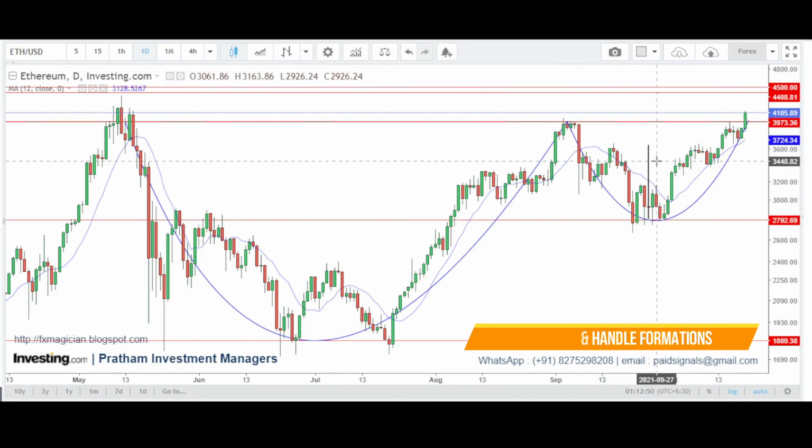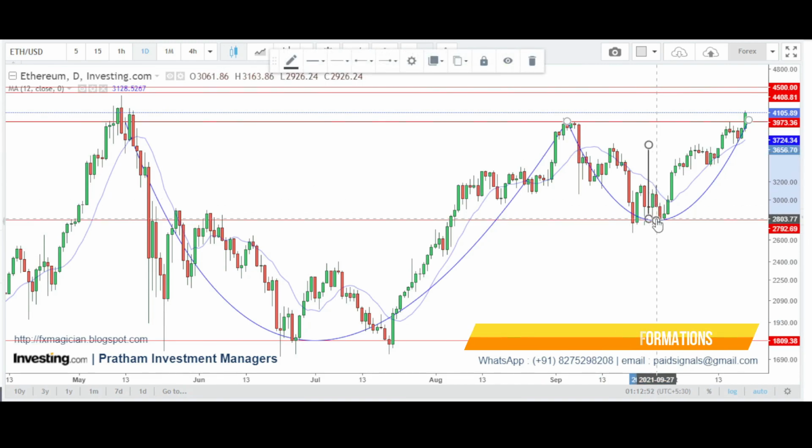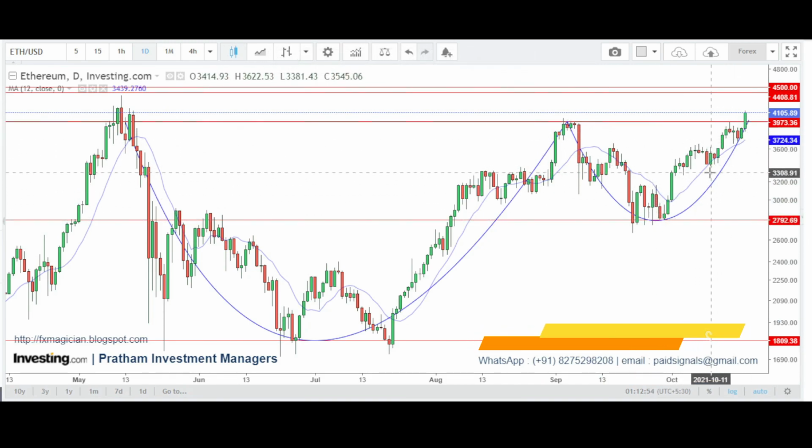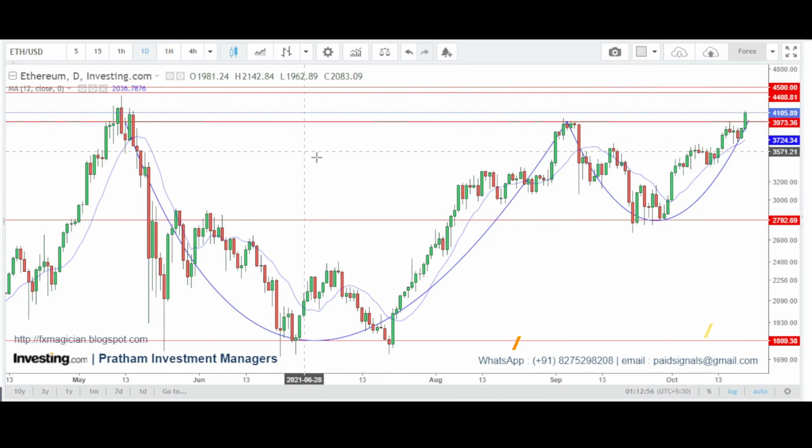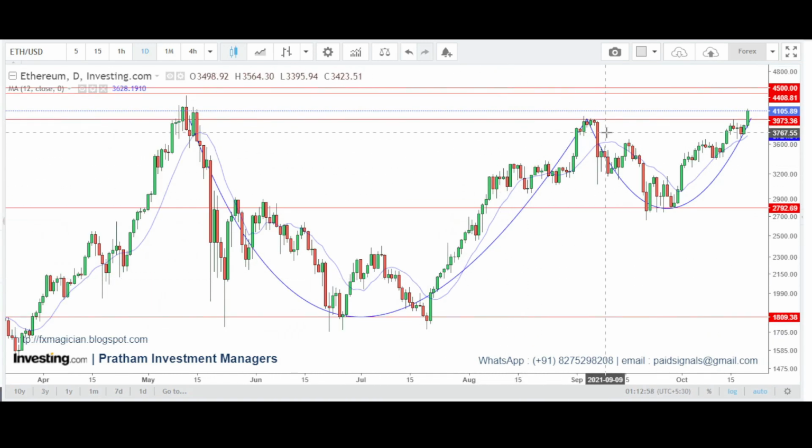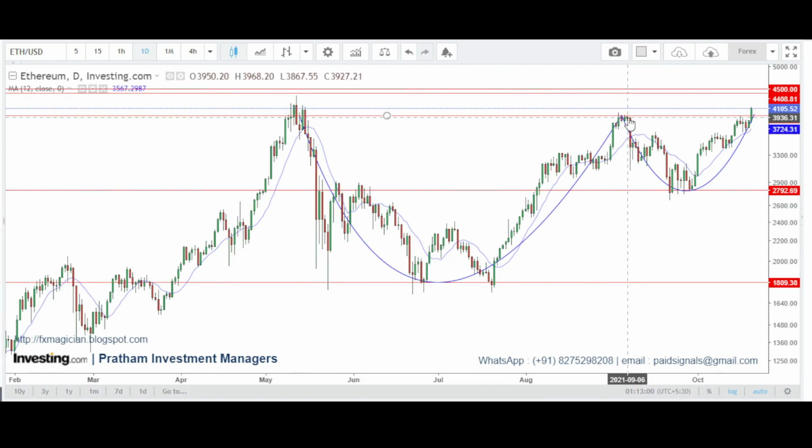This formation is complete, and we will see the breakout above the neckline. So 4000 is approximately the neckline zone, 1800 is approximately the base, so the depth of the cup comes around 2200 points.